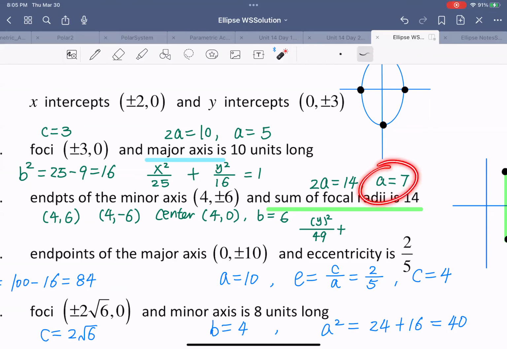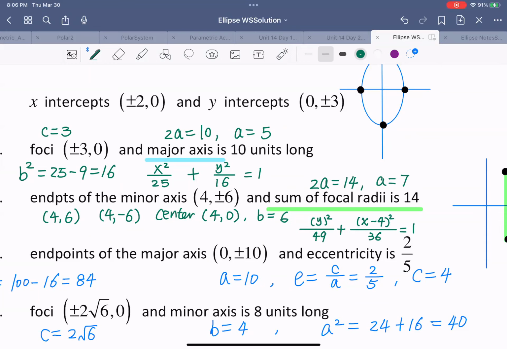Oh, right. Yes, it's the vertical direction. Plus? X minus 4 squared, right? Over 36. Equals 1. That's it. Make sense? Next.